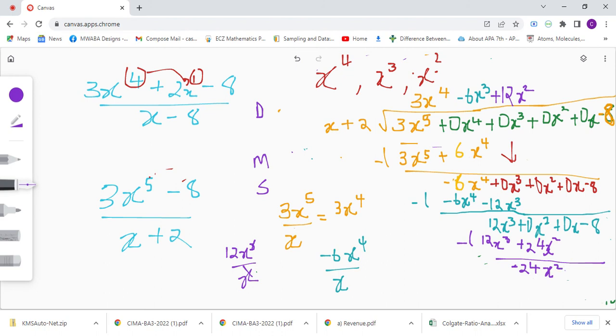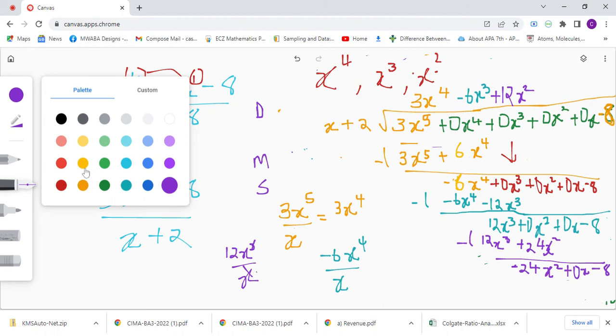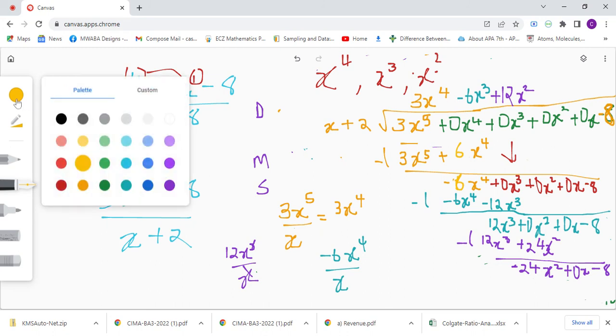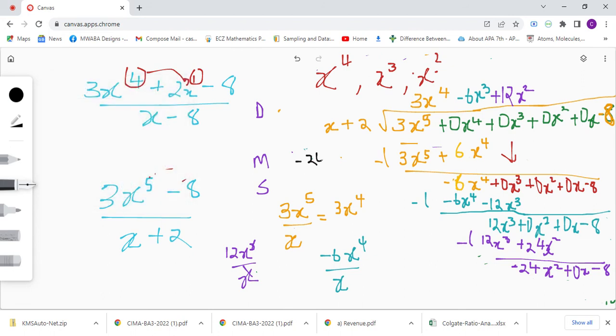Then we bring down plus 0x minus 8. The space is even running out. We divide negative 24x squared by x, which gives us negative 24x.